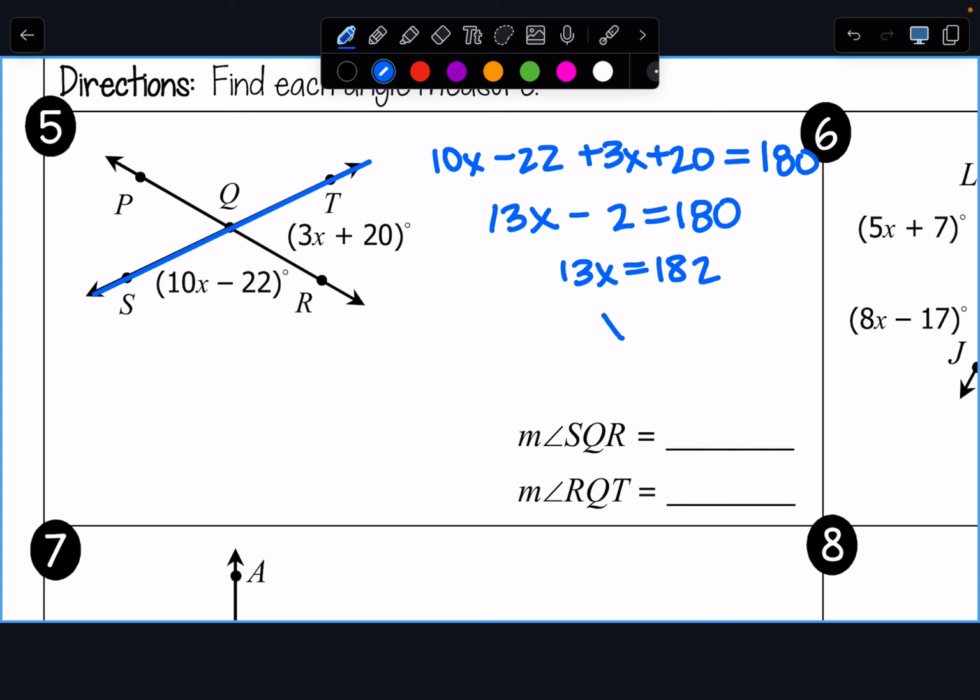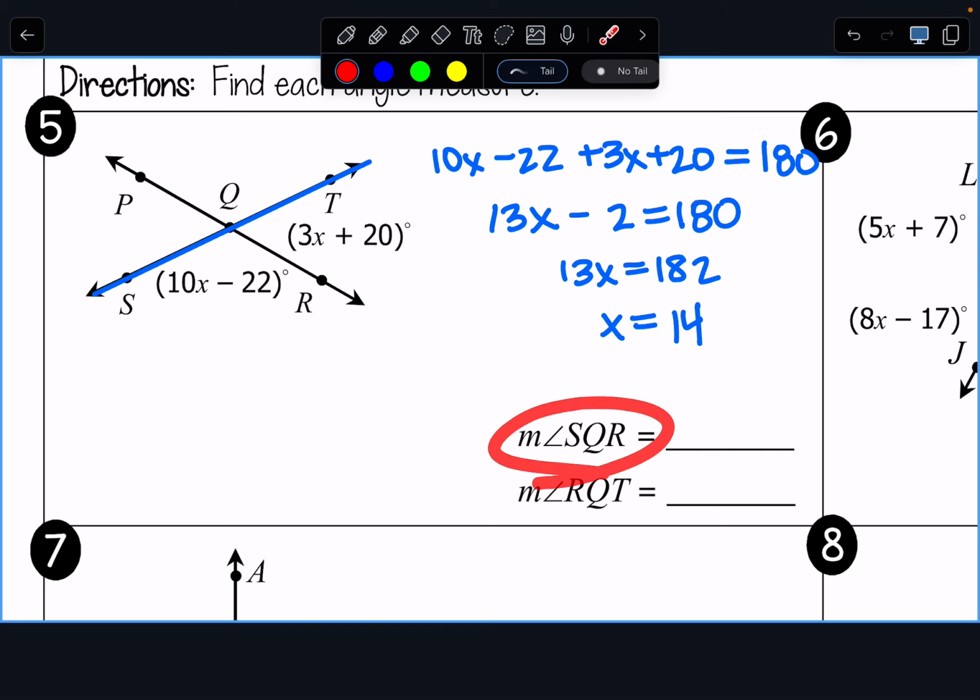All right, calculator people, what's 182 divided by 13? 14. Okay. Now, yes, we care that x is 14, but it's not exactly what I'm going for here. If I want to know the measure of angle SQR, here is SQR.